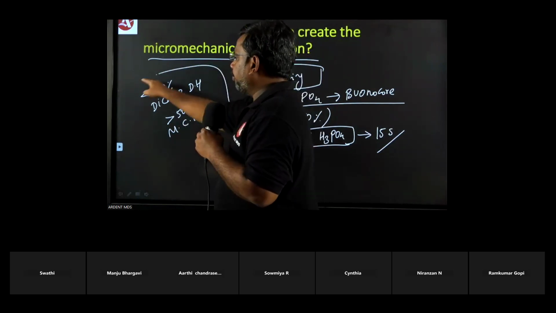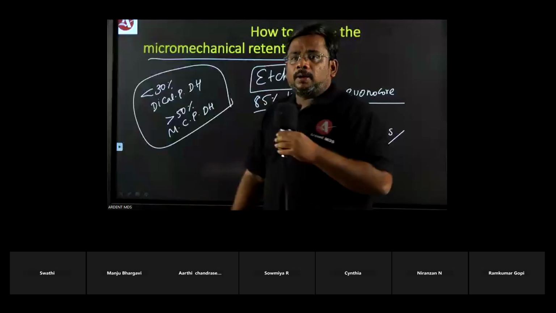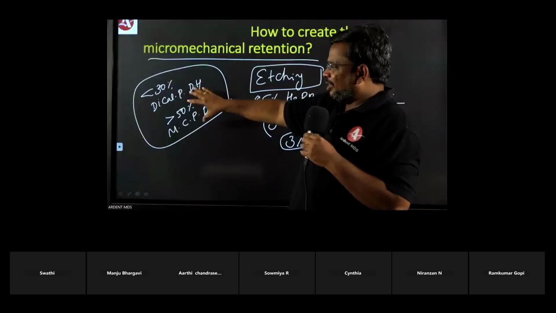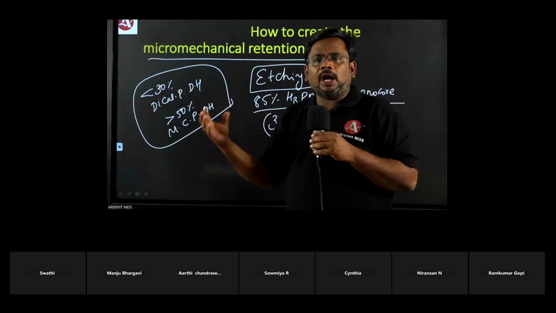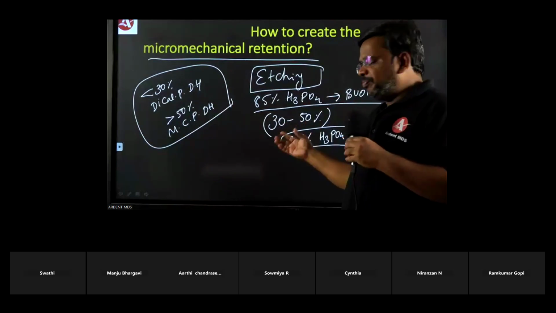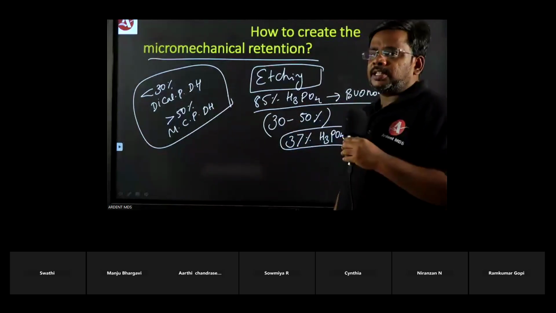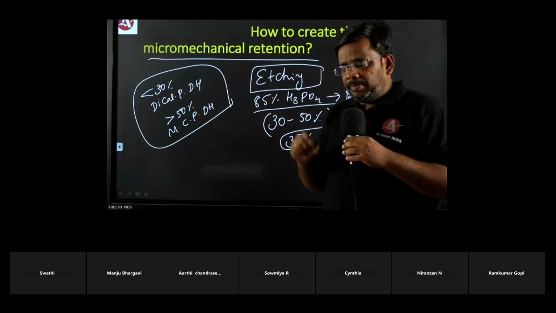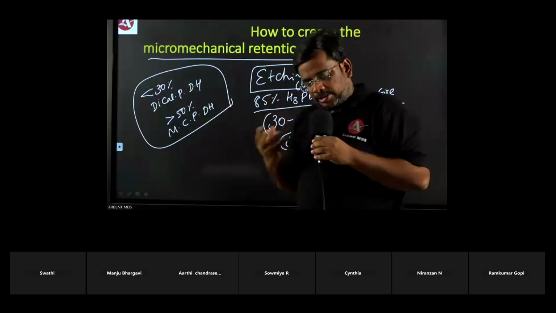Both interfere with the polymerization, so you should not go for less than 30 or more than 50. Use exactly between 30 to 50, 37 percent for 15 seconds. When you do this acid etching, it creates porosities.